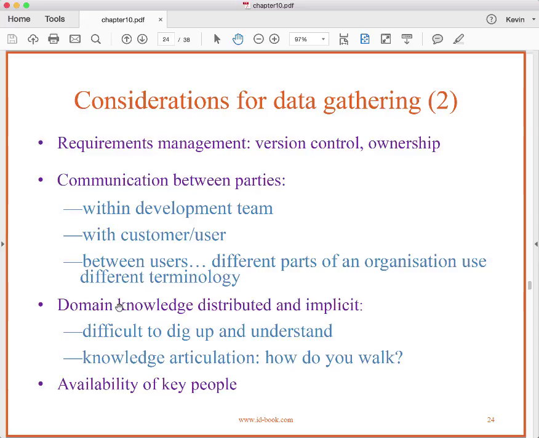And as the organization gets bigger, and as the solutions get more complex, well, then the need for a formal approach to requirements management gets higher and higher. We need to make sure that we have healthy communication between all the parties: within people on the design and development team, between the design and development team and the customer users, between the users.